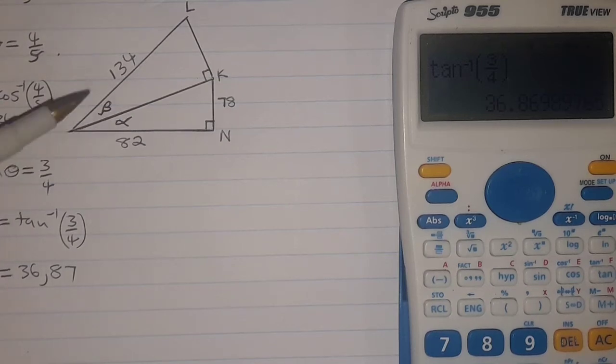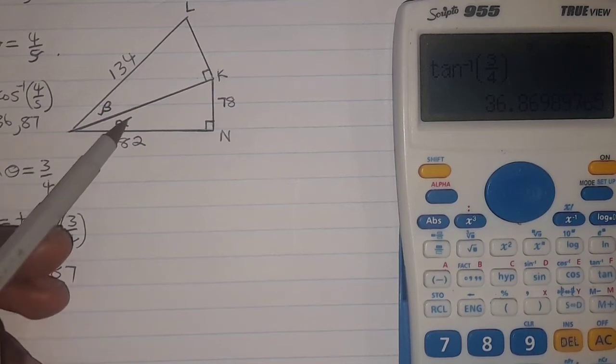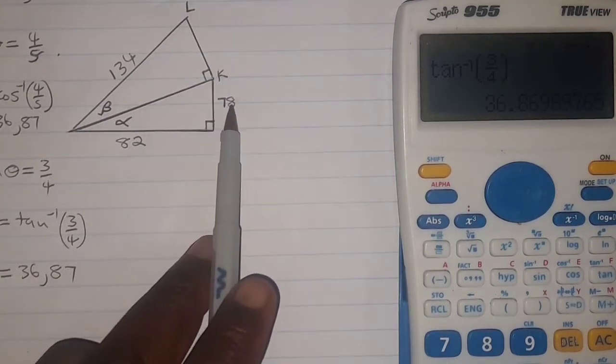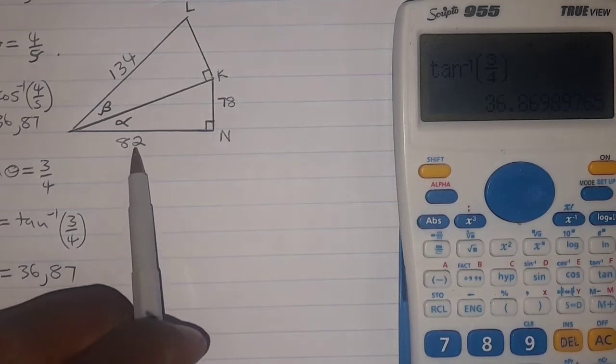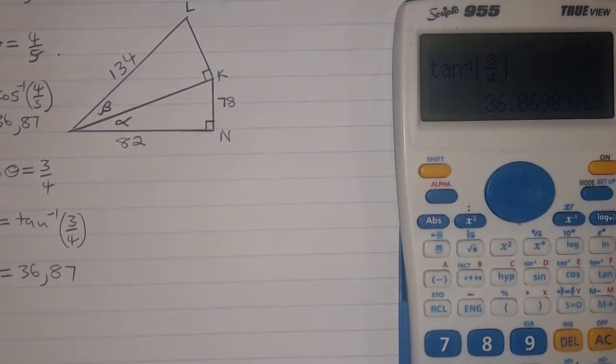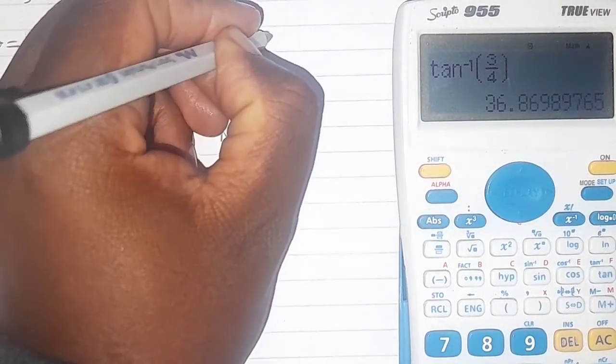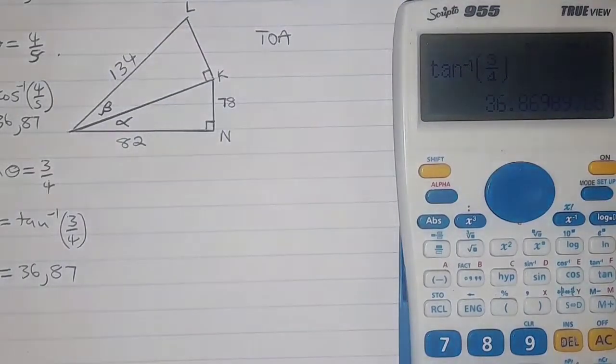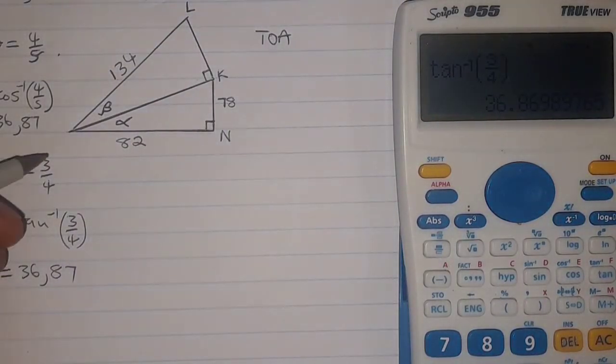So let's look at alpha. To get alpha, we have the side opposite and the adjacent side. Which trig ratio do we have which includes opposite and adjacent? Do you remember SOHCAHTOA? The last one is TOA.